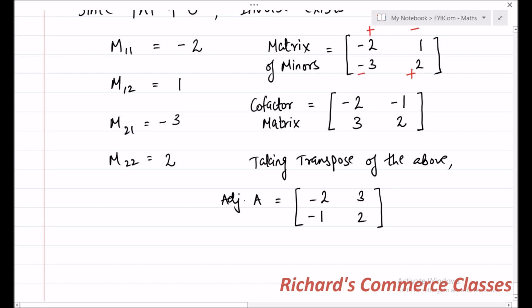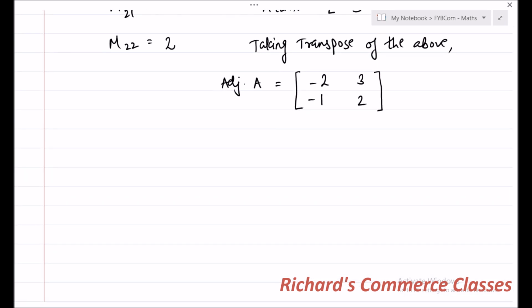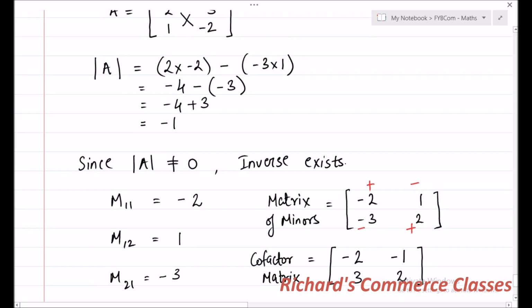Once you have found the adjoint, now apply the formula for calculating the inverse. The inverse of matrix A, denoted by A raised to -1, is 1 upon determinant of A into adjoint of A. The determinant of A we have already found at the first step, the value is -1.